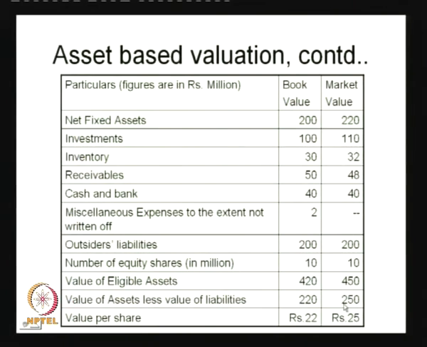When you take it out, the value becomes 250 million for all the equity shareholders, and so the per share value comes to 250 divided by 10, that is 25. So, as per historical book value, rupees 22 is the value per share, whereas as per the adjusted book value approach that comes to rupees 25.